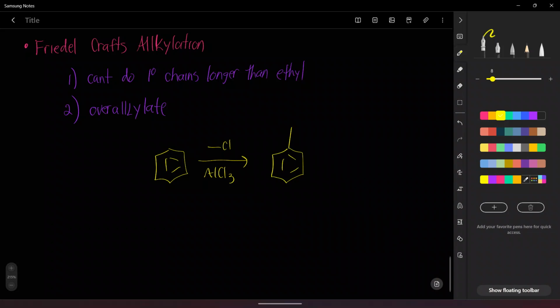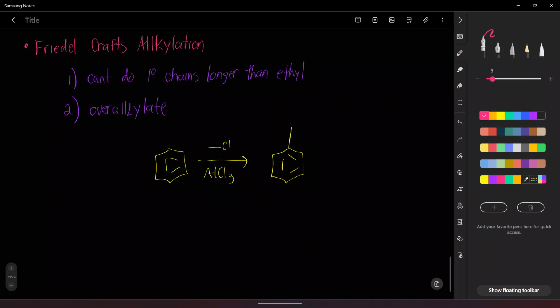And it turns out that I wasn't trying to be mean, but I was kind of fibbing to you when I said that, because if you notice, methylbenzene with this methyl group right here is going to be more reactive, right? Because hydrocarbons, we already talked about this, are electron donating groups. And because the hydrocarbon is an electron donating group, methylbenzene is more reactive than benzene.